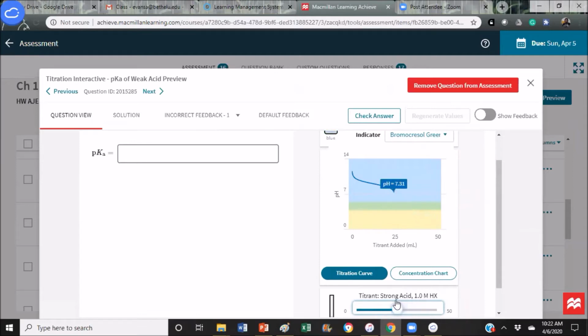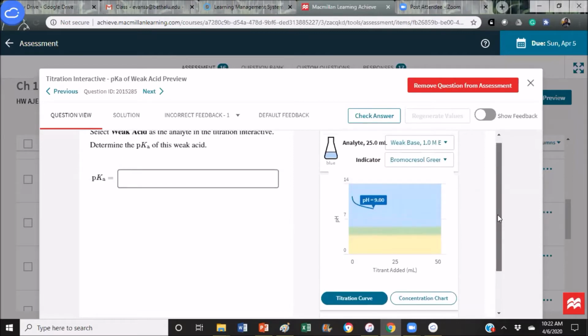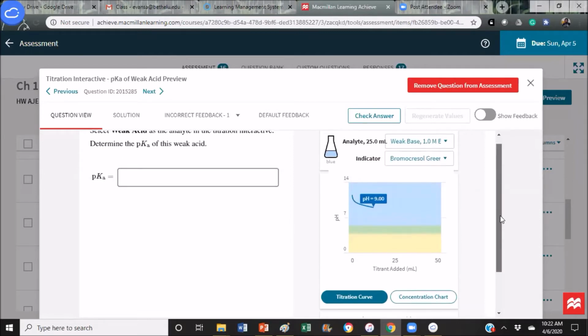If there is my equivalence point right about there, 25, then our pH equals pKa at that half equivalence point. So 12 and a half would be at 9 for that weak base. The pKa for that weak base would have been 9.